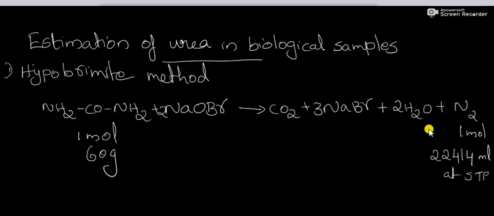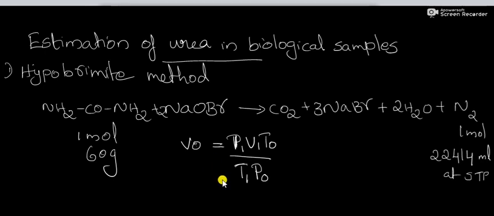and this volume is reduced to STP, that is temperature at 273 Kelvin and pressure at 1 atmospheric pressure. That is V0 = P1V1T0 / (T1P0). We know that P1V1/T1 = P0V0/T0. That is the standard equation.